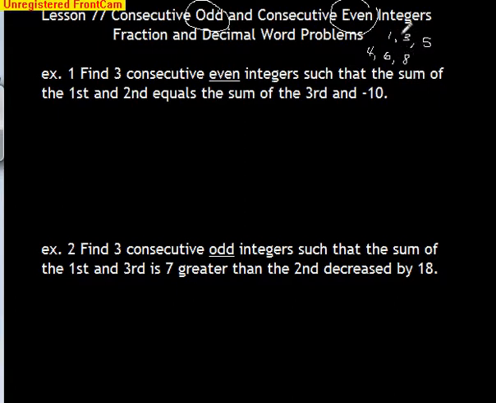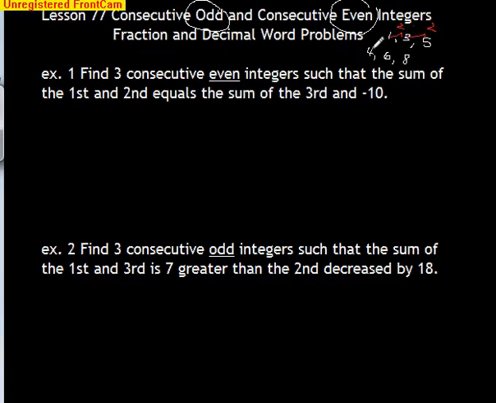Let's talk about, if we're going from 1 to 3, how many did you have to add? We would add 2. If we're going from 3 to 5, we would add 2. So if the first number was n, to get to the next consecutive odd number, we would add 2.